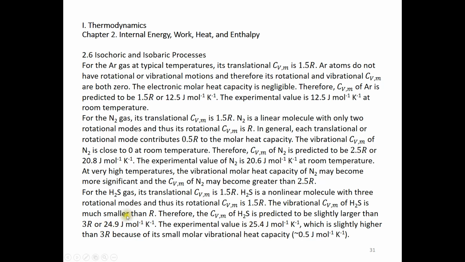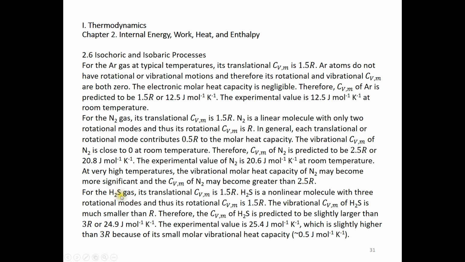The difference is about 2%, I guess. But still, I just want to say this experimental value is 0.5 higher. Mostly because in H2S, there are some vibrational modes that can be more easily changed. For example, the bending, I think it's mostly the bending. You have an HSH bond angle, and if you change the bond angle, it's called a bending motion.